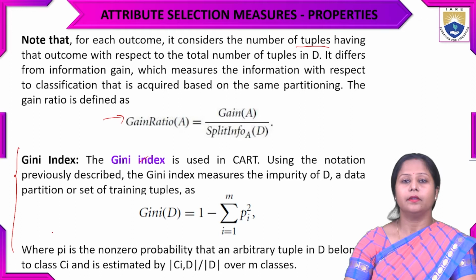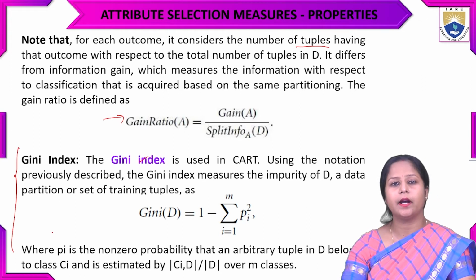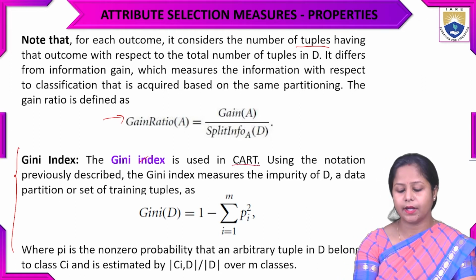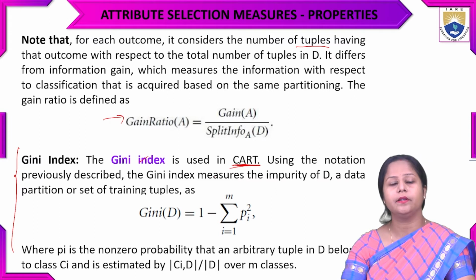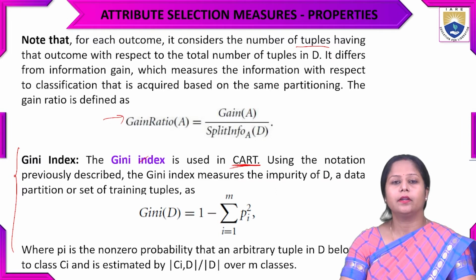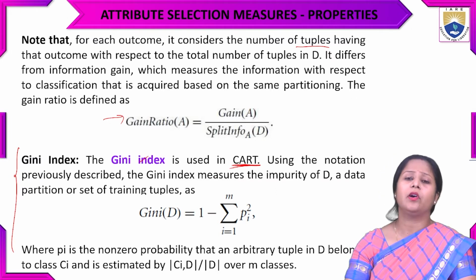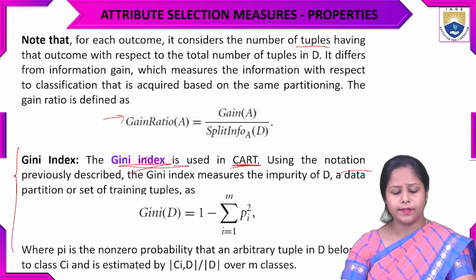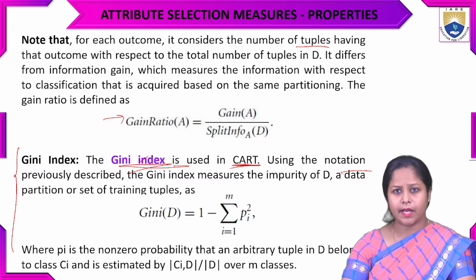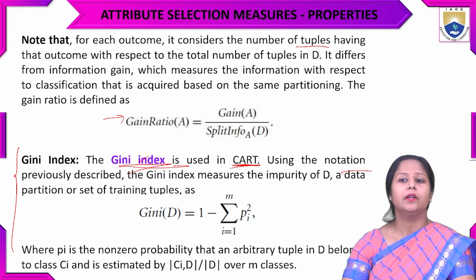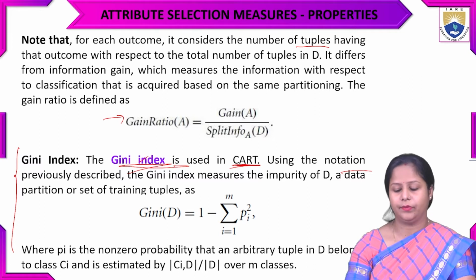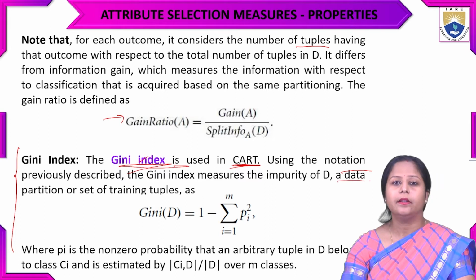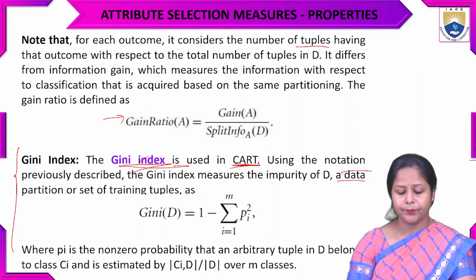Gini index. The Gini index is used in the CART classifier. In that, the measure is called the Gini index. Using the notation previously described, the Gini index measures the impurity of D, a data partition or set of training tuples.